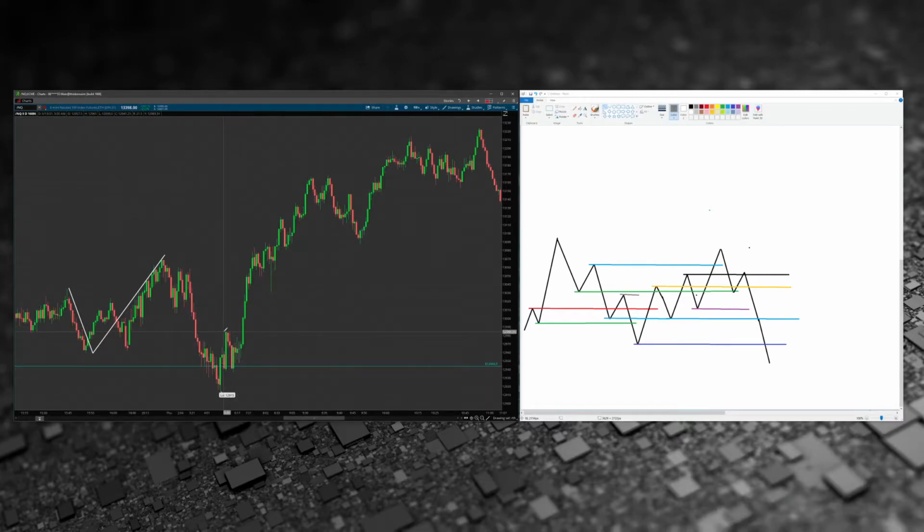Because we popped up, came back down, tested as support, took off. And we know failure levels come from inside 3 legs. So here's where all of our levels come from in this 3-leg scenario. We've got resistance here, here, and here. And then support there.